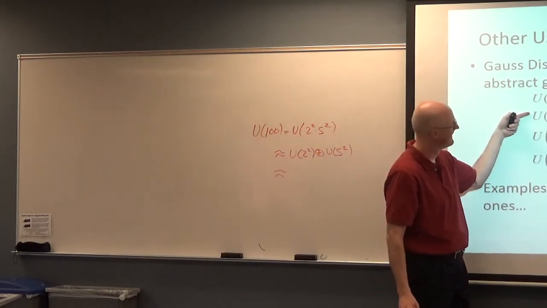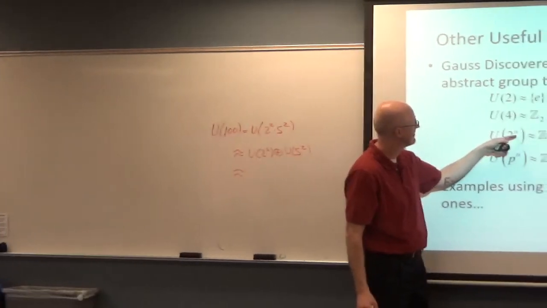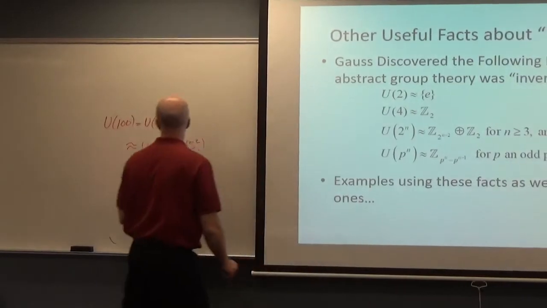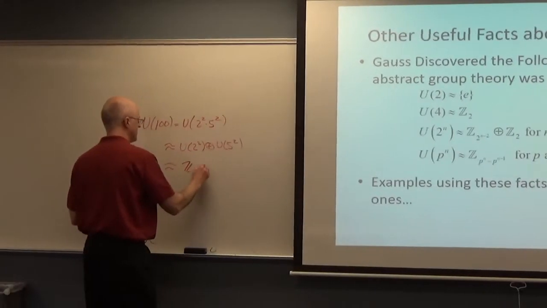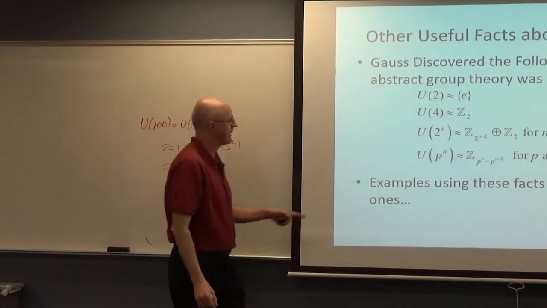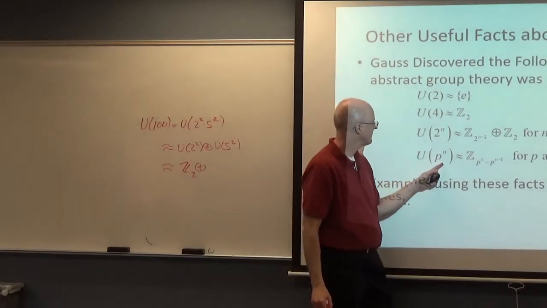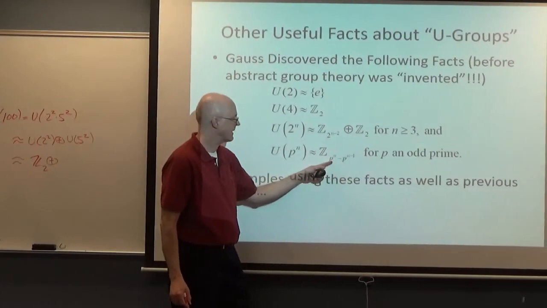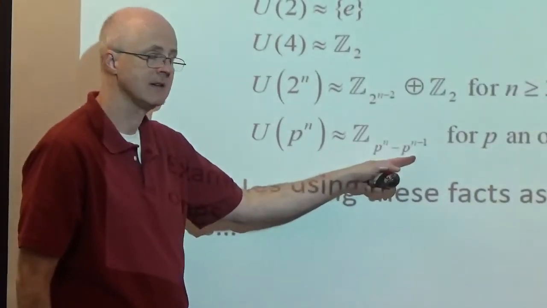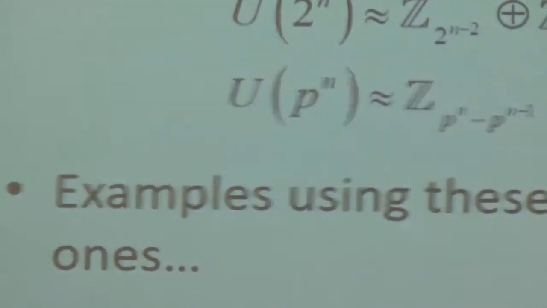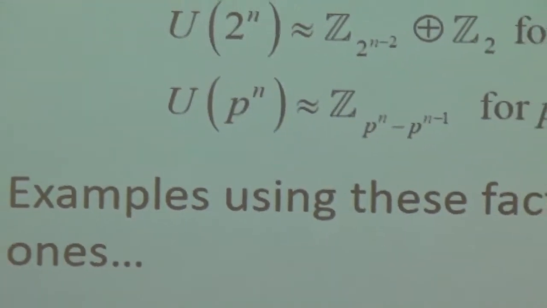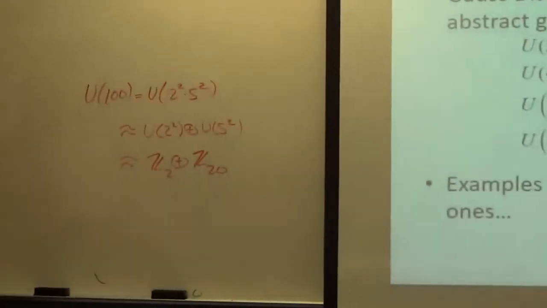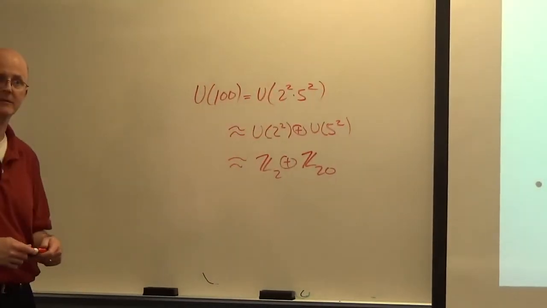It's this one, when n has got to be bigger than or equal to 3 to use this one. U4 is isomorphic to Z2. 5 squared fits this one. P is 5. You get 5 squared minus 5 first. 25 minus 5 is 20. This is going to be a Z20. And 2 and 20 are not relatively prime, so this is not cyclic. This is not isomorphic to Z4.